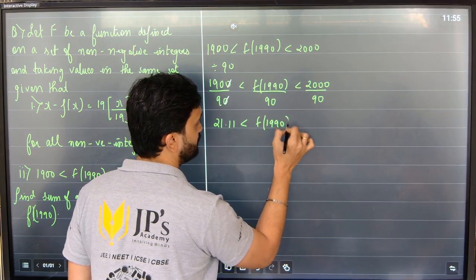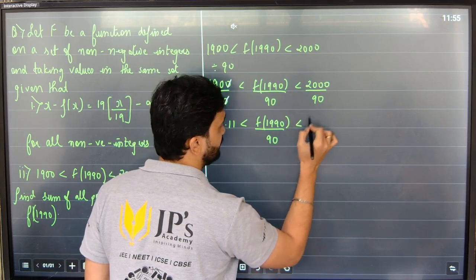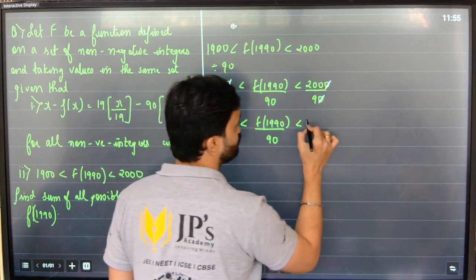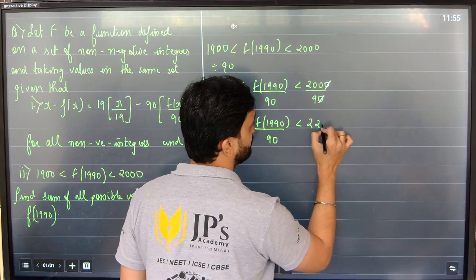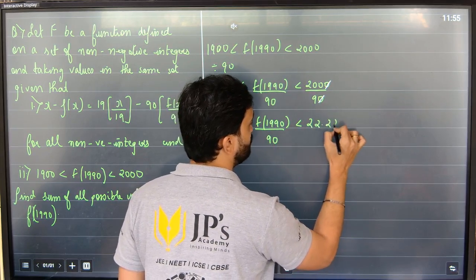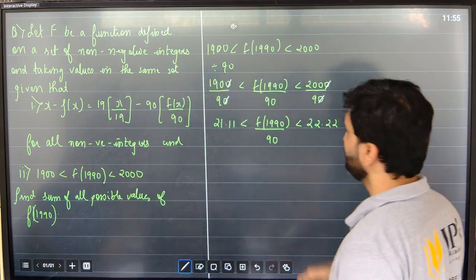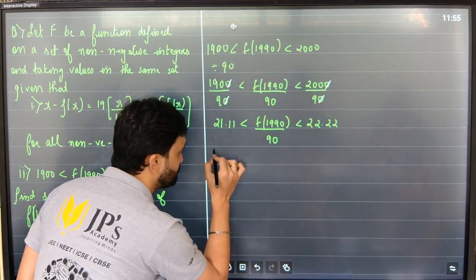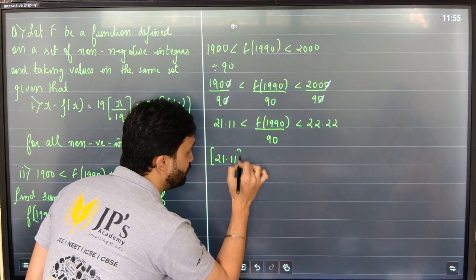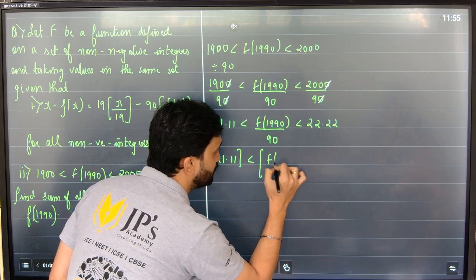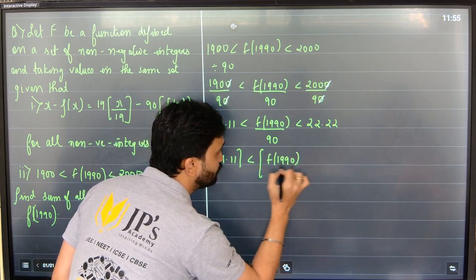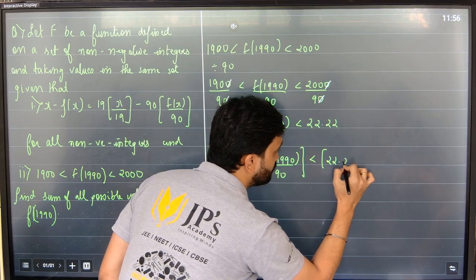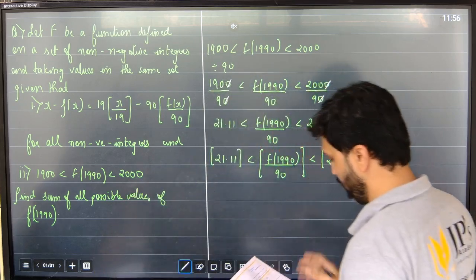This will become 1990 upon 90 less than, 9 times 2 is 18, again, so 22.22. Now if I put the greatest integer function, I take the greatest integer of 21.11 less than or equal to the greatest integer function of f of 1990 upon 90 less than or equal to the greatest integer function of 22.22.